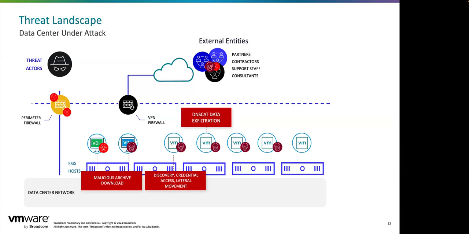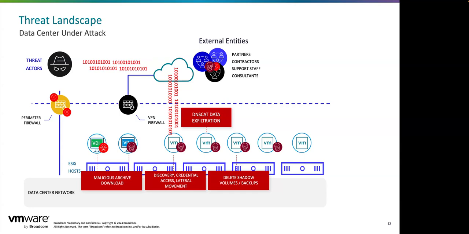From there, we might have a DNSCAT data exfiltration, back to the threat actor, some deleting of shadow volumes and backups. Attackers that are sophisticated enough to understand the way you might try and recover can oftentimes find ways to delete the very things that you are trying to use to recover in the event that these things happen.